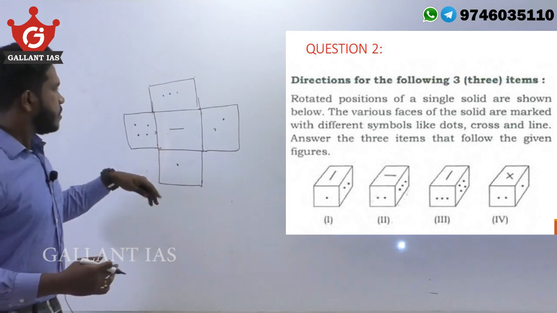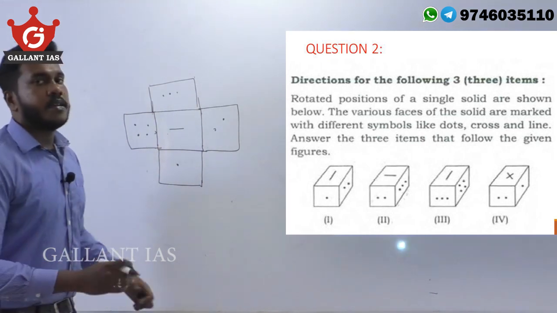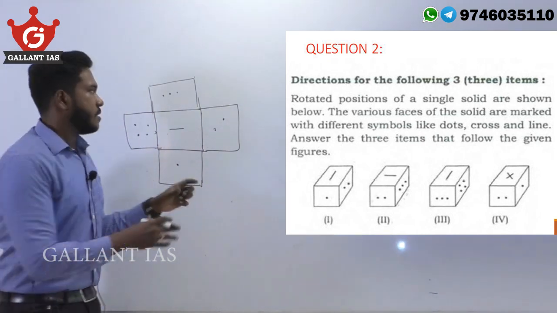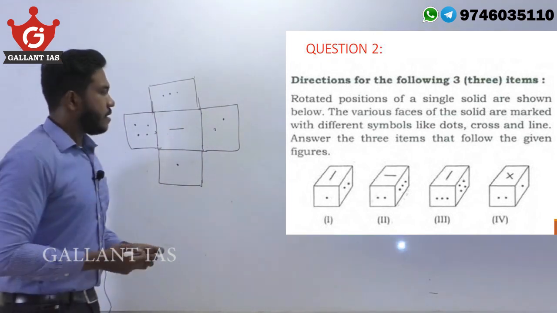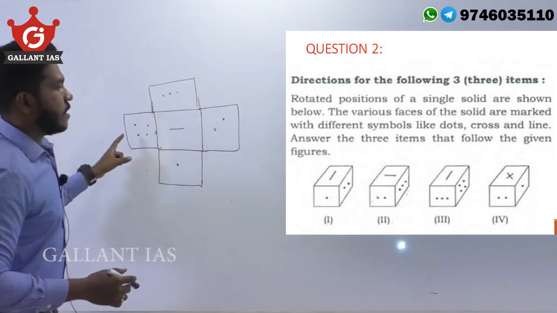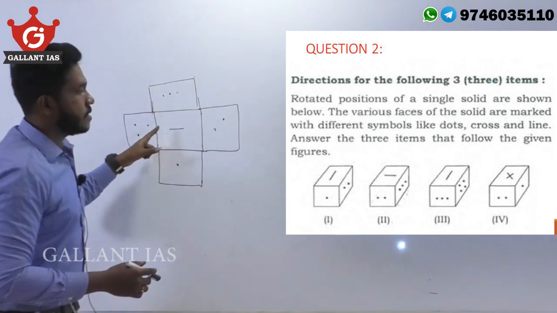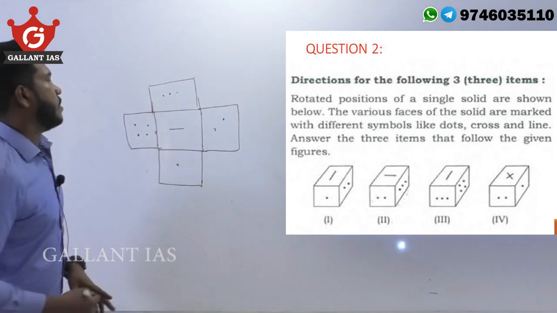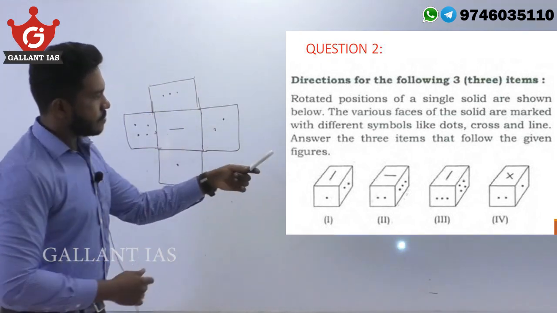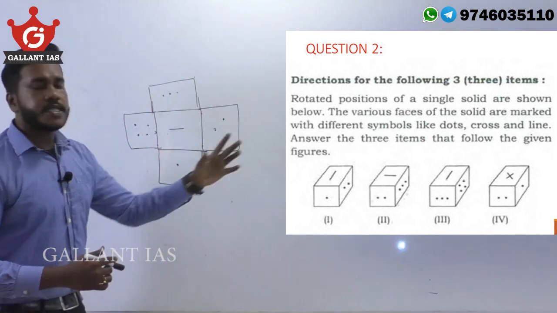Otherwise, just redraw it. I am telling you once again, if some mistake happens, our whole answer will be wrong. The face containing value 4 is adjacent to line as well as the face containing value 3. Got it.